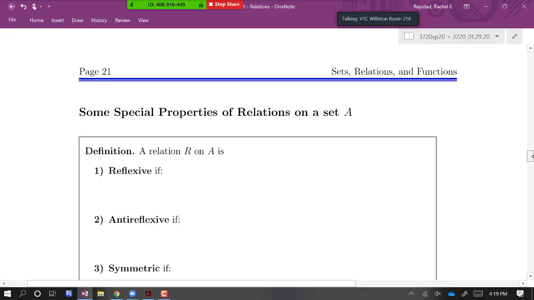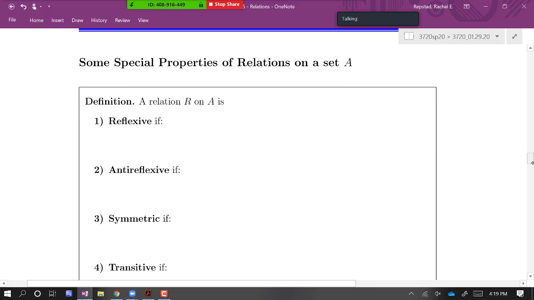Let's look at some interesting properties that a relation on a set A can have. Right now, we are specifically talking about a relation from a set to itself. A relation may have some, several, or none of these properties. We're going to be particularly interested in special types of relations that have some collection of these properties.